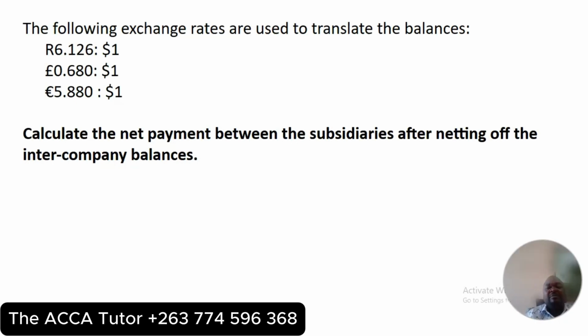Remember, the main reason for doing netting is to ensure that we only pay the net amount, after netting off whatever receivable and payable was there.